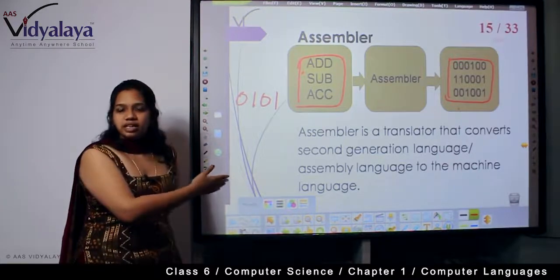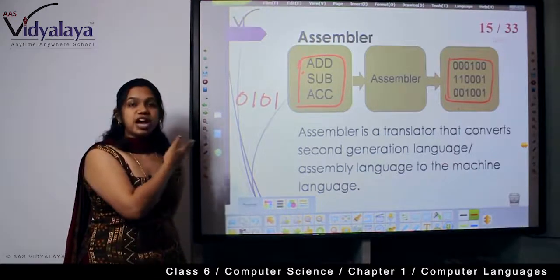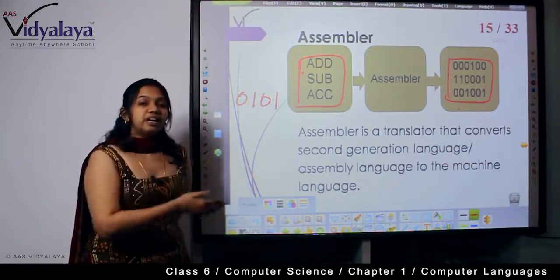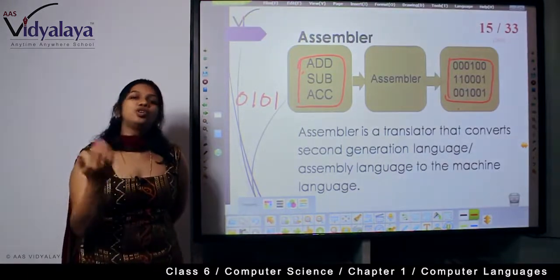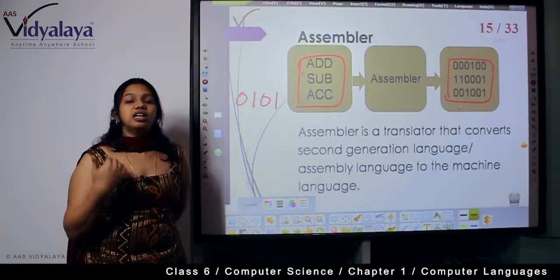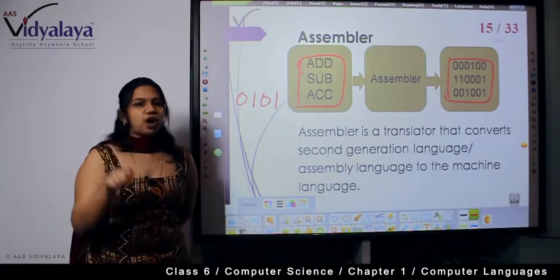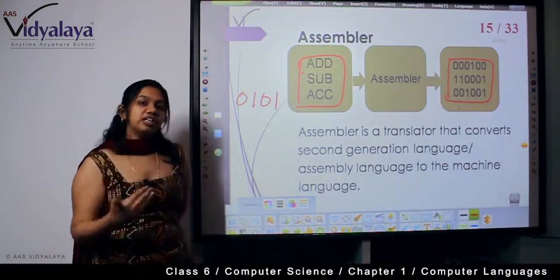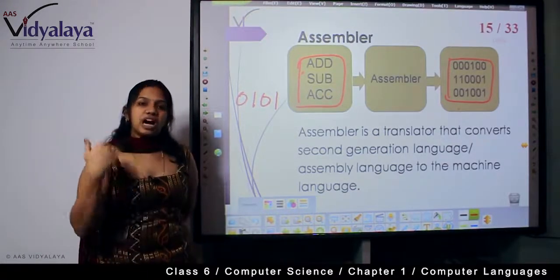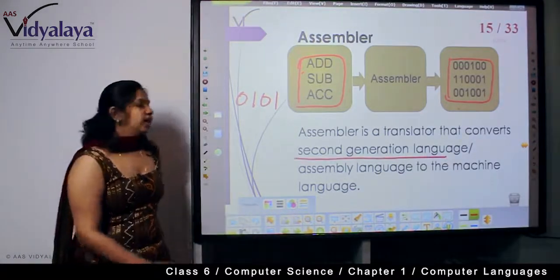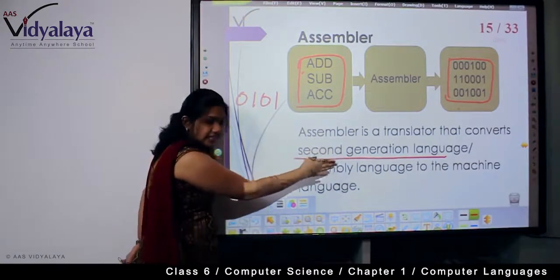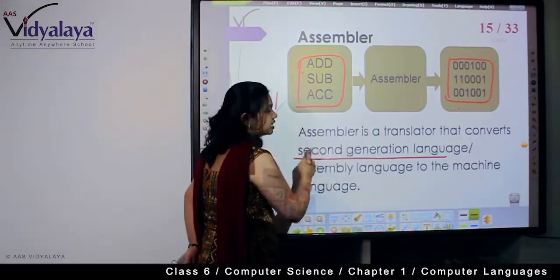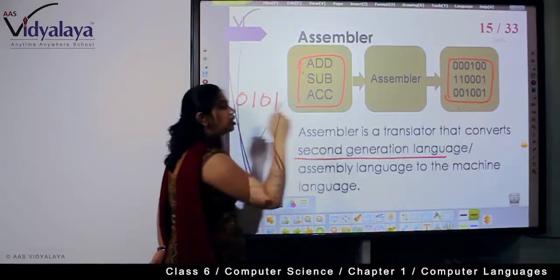It doesn't understand ADD, subtract, multiply. It is made to make it easier for us to code or write a program. Instead of toggling switches for adding and subtracting, we made it a finer version by having a translator in between us and the computer. Okay, the assembler is a translator that converts second generation language.